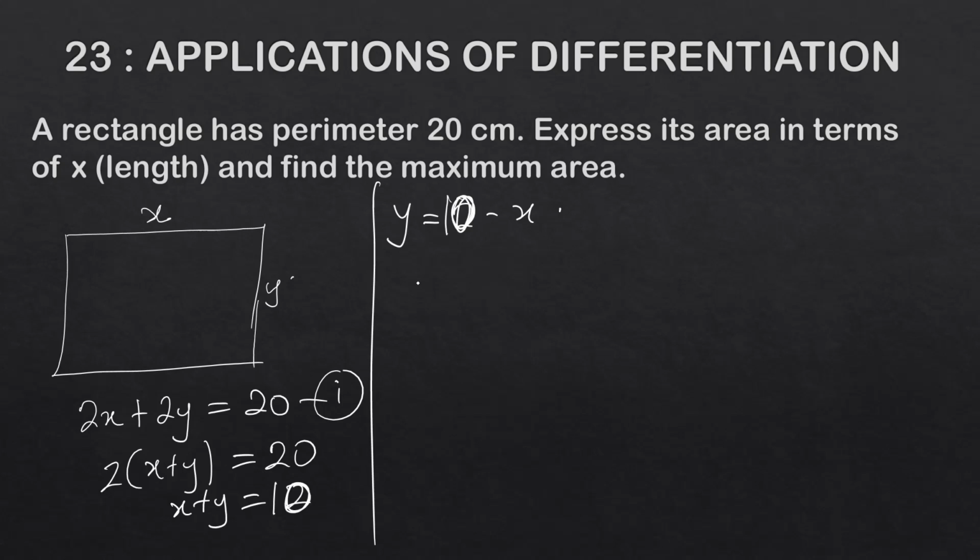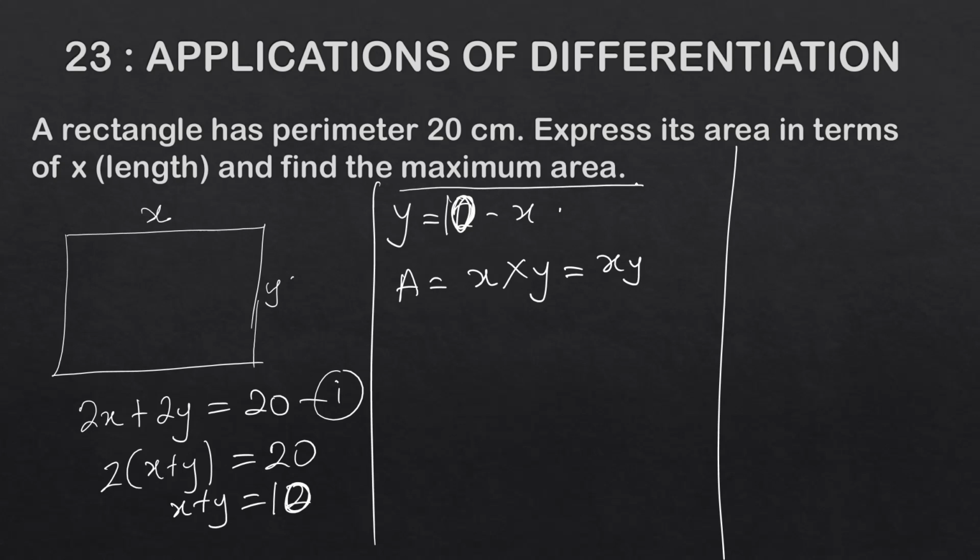But area is going to be what? Area is going to be x multiplied by y, which is xy. Now remember, I am asked to find the maximum area. So I'm going to substitute the value of y into this area.